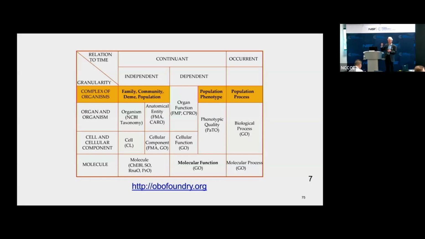Now the chaos came about not because we had too many databases being built inconsistently across the world, but because we had now too many ontologies which were being built inconsistently around the world, all trying to copy the success of the gene ontology, which is still the biggest and most successful ontology in the world.